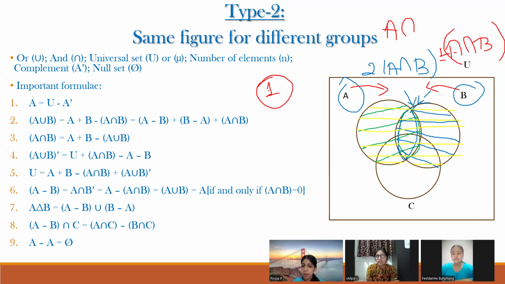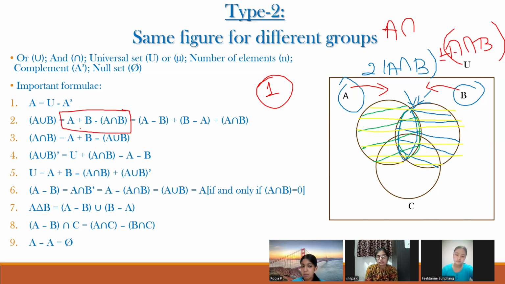Since you're taking one from here and one from here, it is becoming two times the intersection. But what should your actual answer be? One time the intersection. So if there are two, subtract one. So 2 minus 1 is 1. Okay, ma'am.